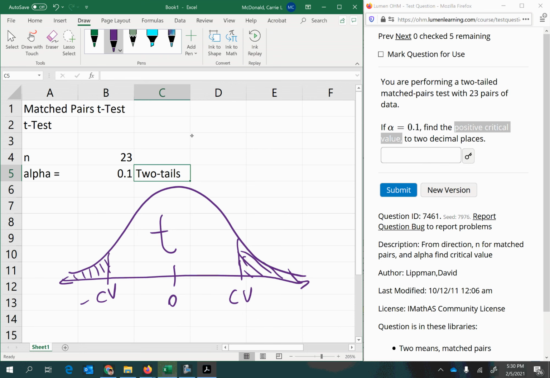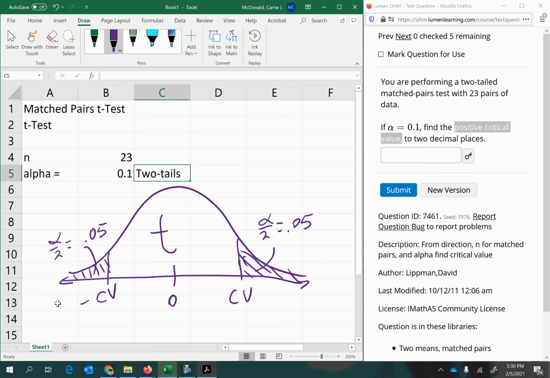And our total alpha is 0.1, so that would mean that on this side, half of the alpha is 0.05, half of 0.1, and on this side, the other half of alpha. And that's important for when we try to figure out what our critical value is, because we have to look up an area and then find the boundary for it.